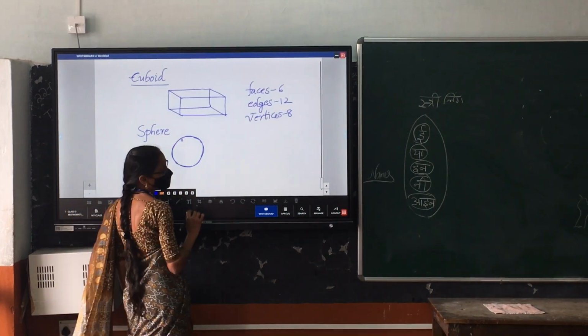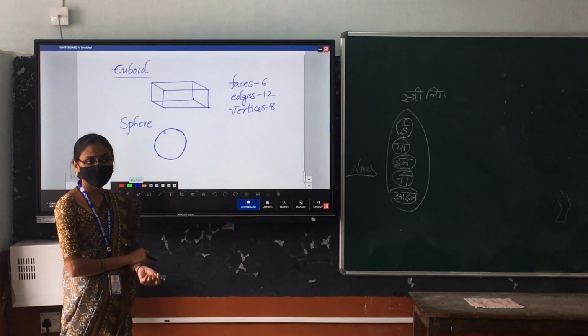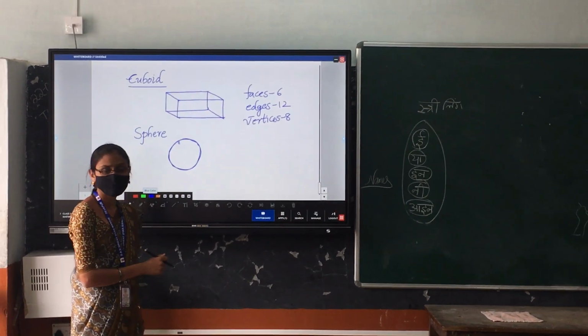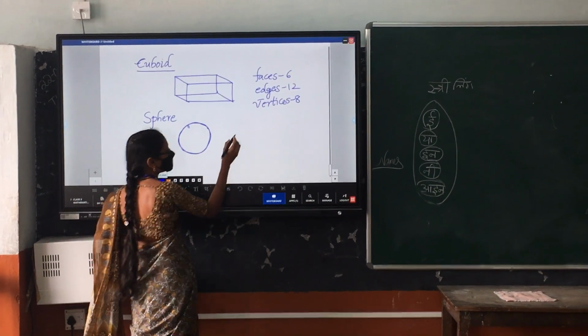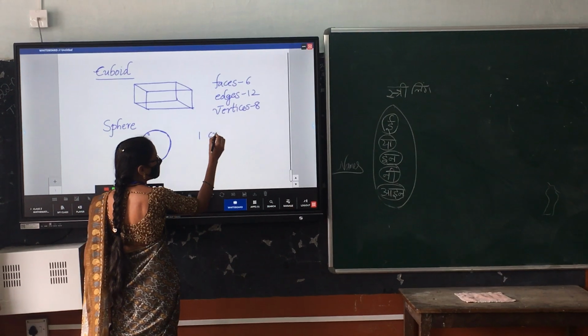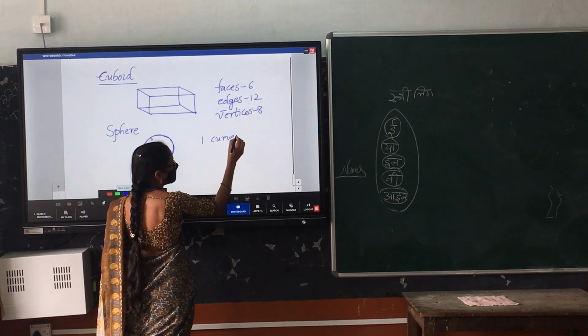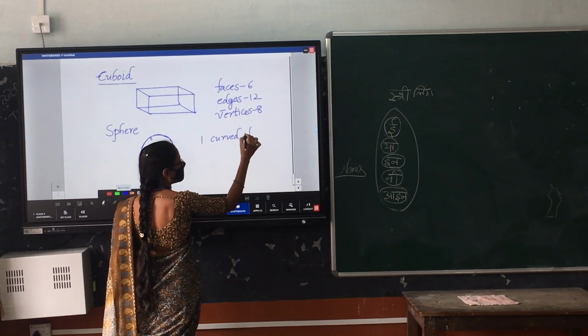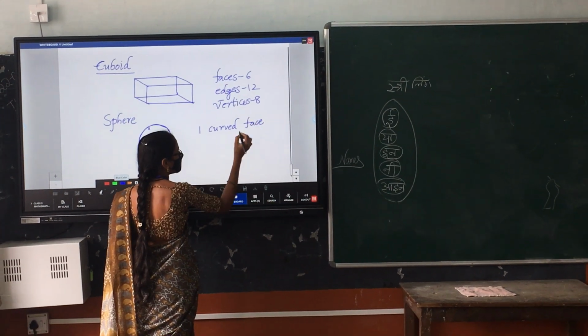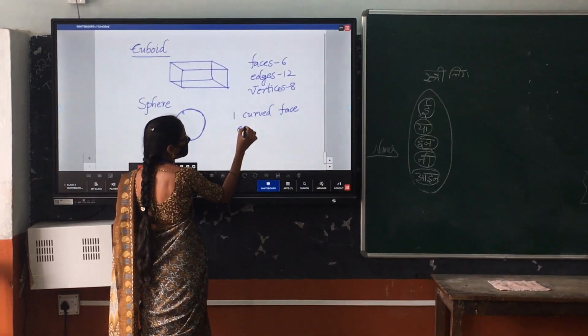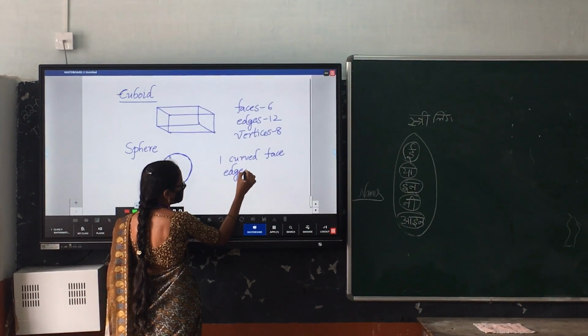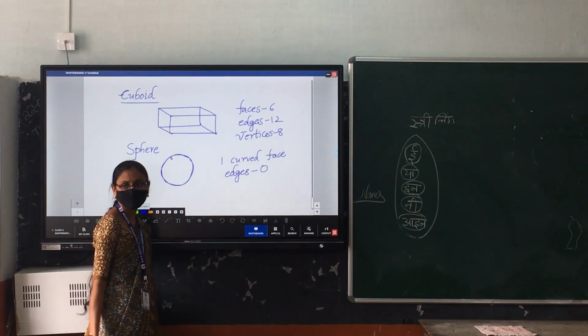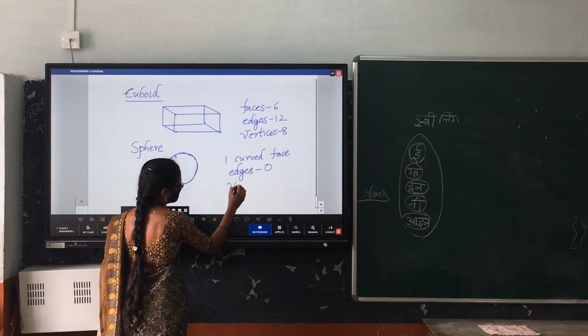Okay. Does a sphere have any edges? No. Any vertices? No. Face? Yes, one curved face. Edges? Zero. Vertices? Zero.